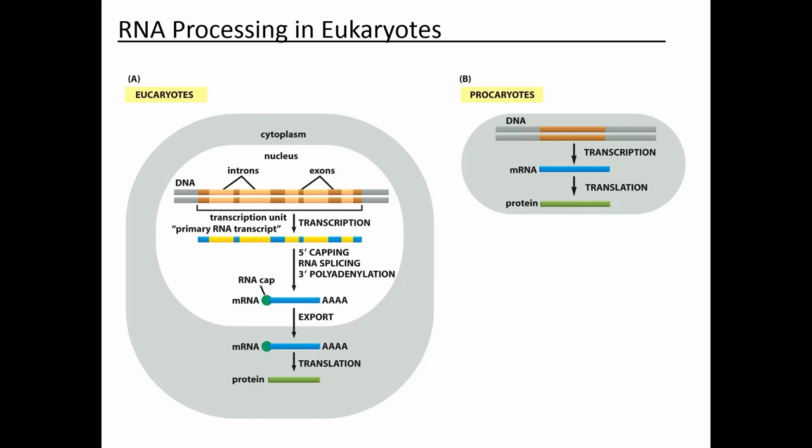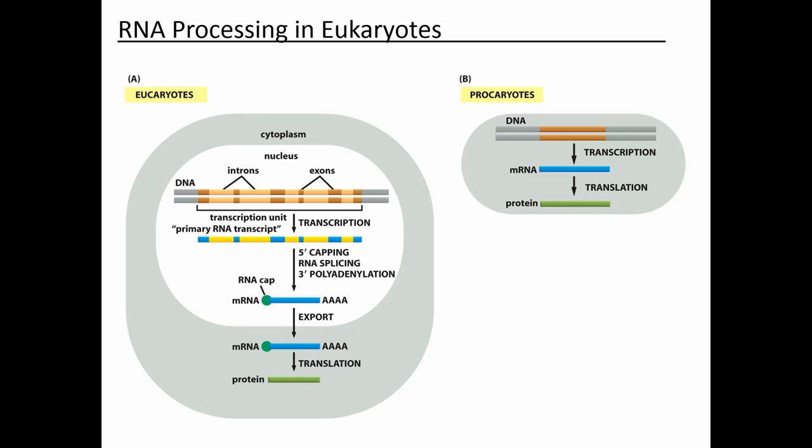One thing that happens in transcription in a eukaryotic cell is that you transcribe both the exons and the introns. So you initially produce an RNA molecule that contains both coding and non-coding regions. We said that in eukaryotic cells, one thing that has to happen before translation is RNA processing.